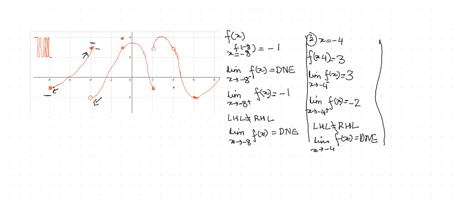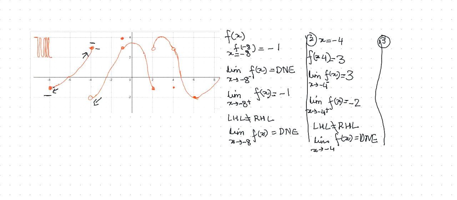And when there is an empty circle, it means the value of the function is not that value. So we see that limits care about what the function is doing around the point.